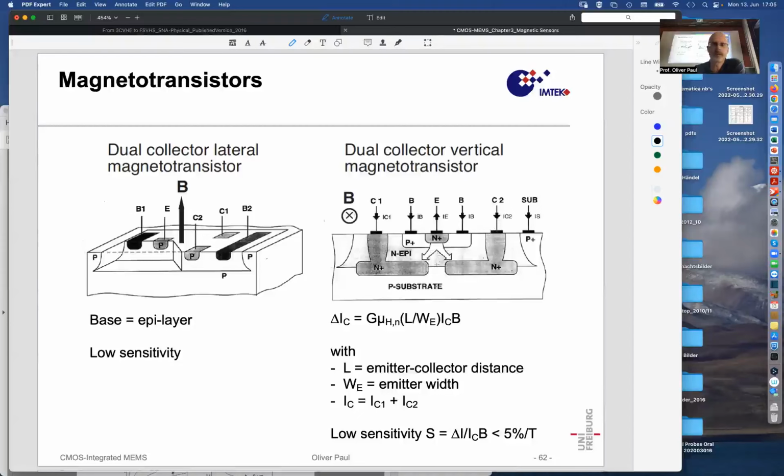And then there was this period when people did these symmetrical dual collector vertical magnetotransistors, because they said, okay, we can have a second emitter base collector device here, and transistors are known to amplify. Bipolar transistors are amplifiers also under certain operation modes. So maybe we can obtain these super duper high sensitivity devices. Yeah, and it turned out not to be the case.